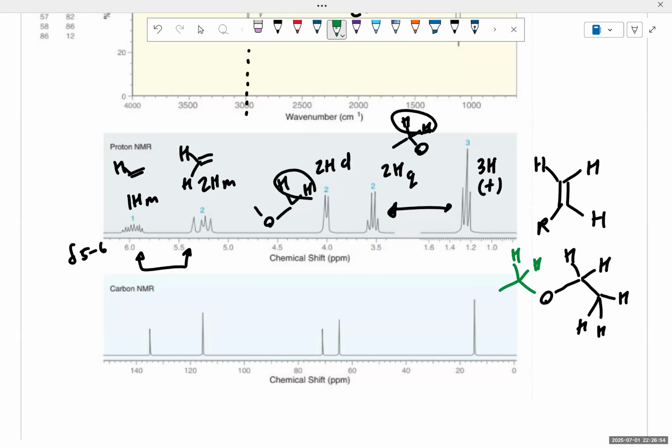And considering this splitting pattern is a multiplet, it is likely that these two protons are adjacent. So what that tells us is we have a vinyl proton that is adjacent to these protons that are adjacent to the carbon attached to oxygen. Why? This CH2 group is a doublet, while this proton is a multiplet.